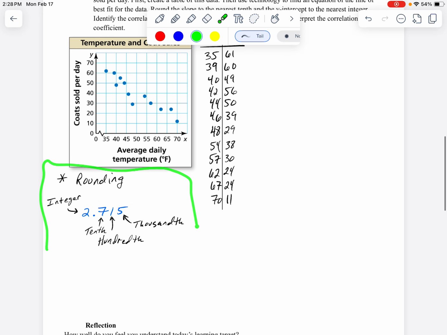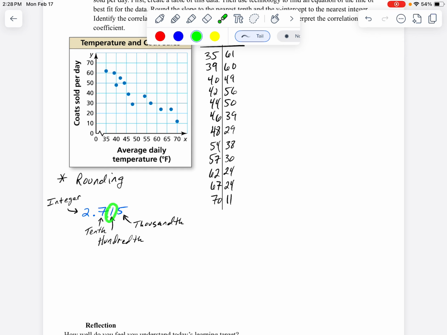Here's a little note on rounding down here. An integer is any whole number. So if I was rounding this to the nearest integer, that would round up to 3, because I have to look at the integer and then I have to look at the number after it. This is a 7, so this would get rounded up to 3. If the following number is 5 or above, you round it up. Rounding to the nearest tenth is 1 decimal place.